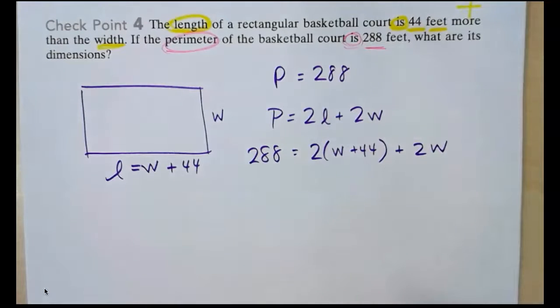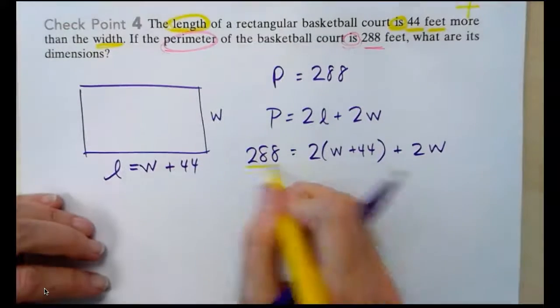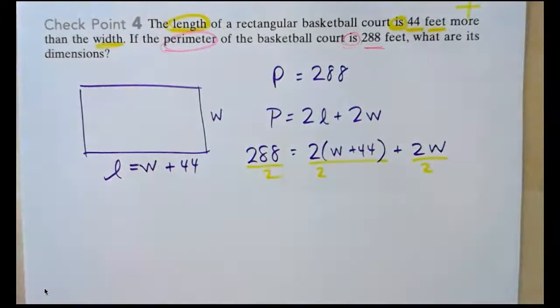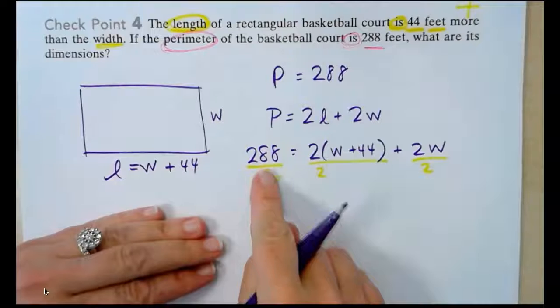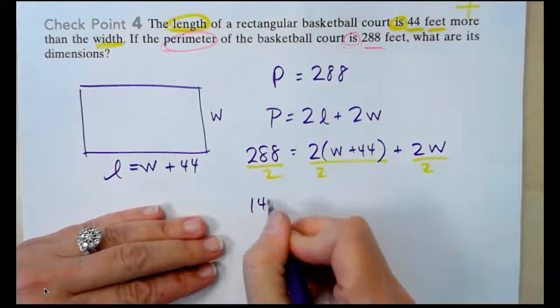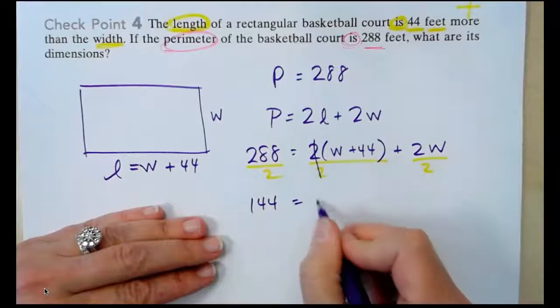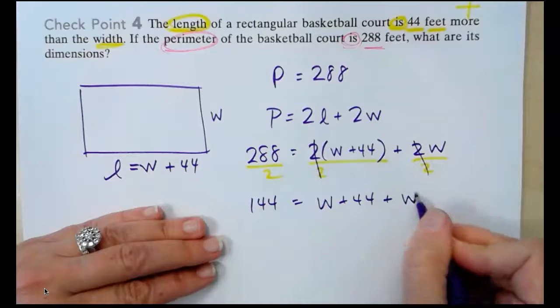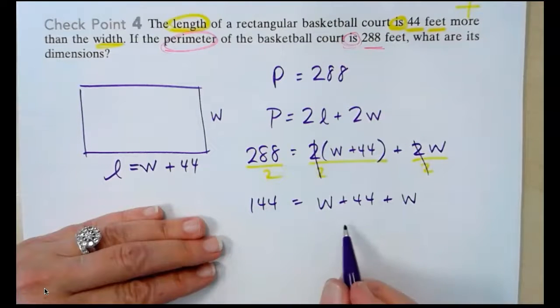And honestly, it'll be easier if we first come through and divide everything by 2. It'll make all those numbers smaller. So 288 divided by 2 is 144. 2's cancel, we get W plus 44. And then 2's cancel, we get W. So 144 equals W plus 44 plus W.